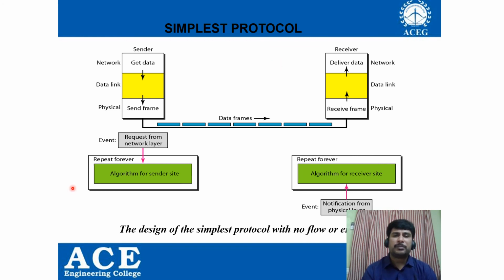This process will be continuous until all the data to be transmitted by the sender is completed, and all the data is received by the receiver successfully. Remember, in the simplest protocol we are assuming that no data will be lost, corrupted or duplicated. So we don't require any type of flow control or error control, and that type of mechanism is called the simplest protocol.